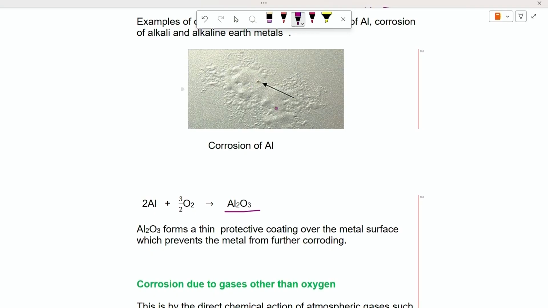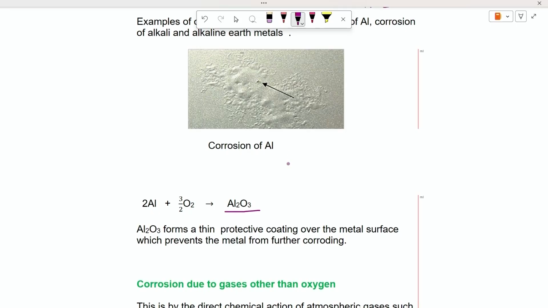In the case of aluminum, there is a benefit: the aluminum oxide formed on top of the surface acts as a protective layer. It adheres strongly to the aluminum metal surface and protects aluminum from further corroding, so it forms a protective coating.